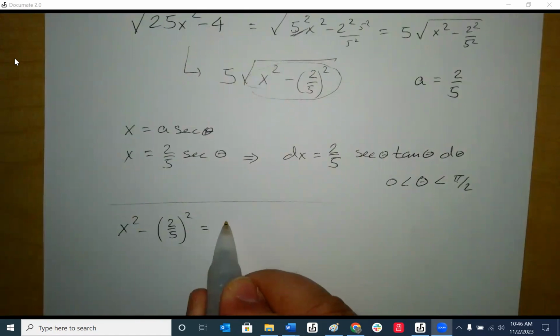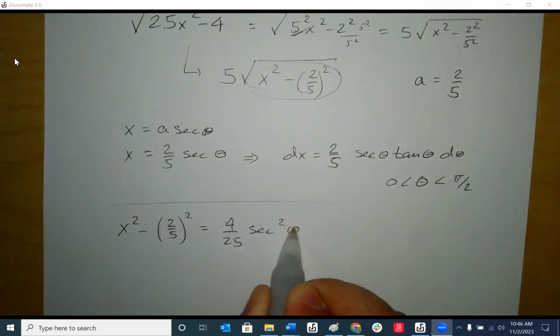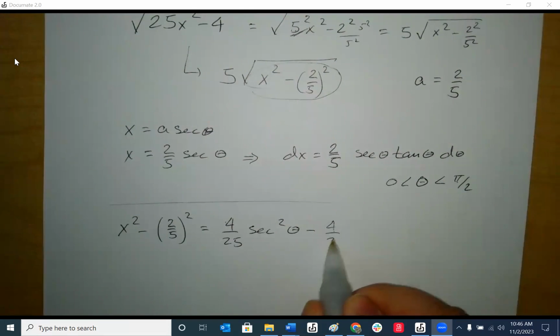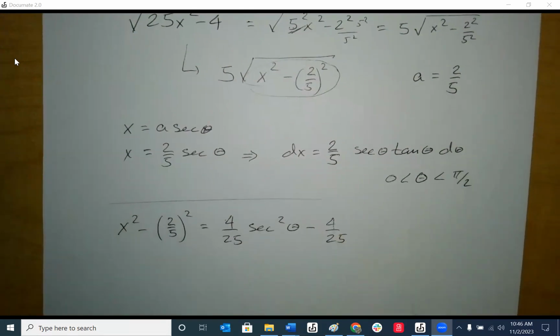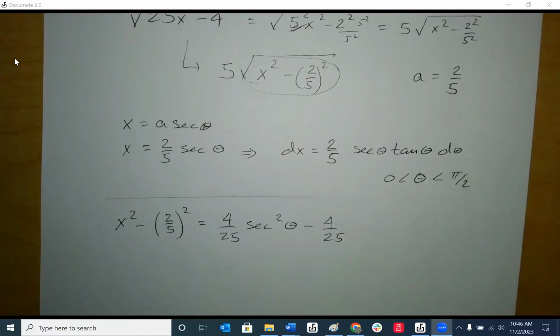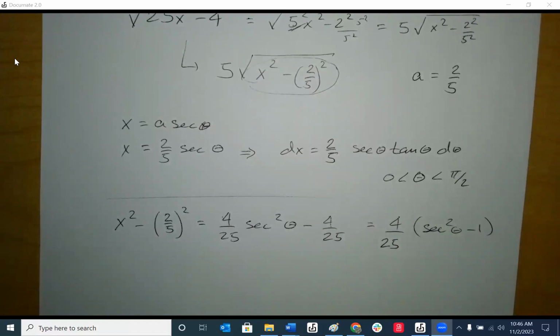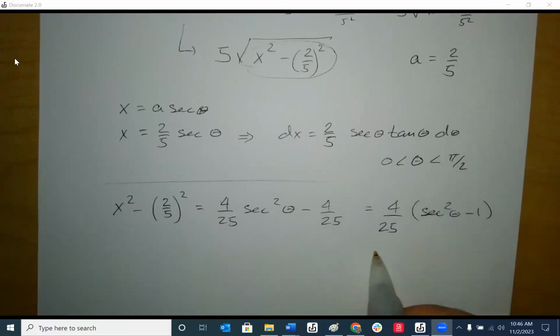So a squared is 4 over 25 secant squared theta minus a squared, which is 4 over 25. Since they both have 4 over 25, we can factor those out. So we have secant squared theta minus 1. That's an identity: tangent squared.